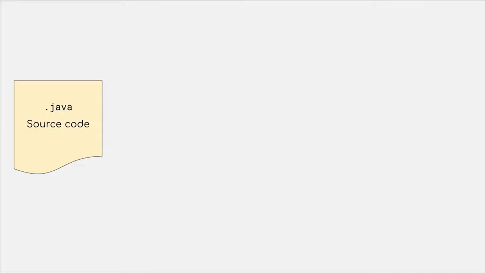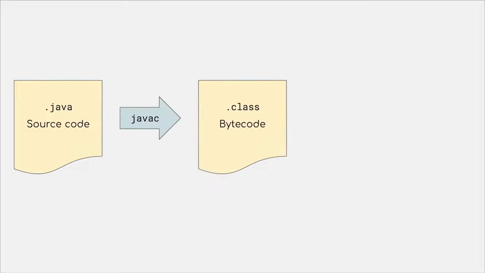Most of the time your Java program will start as source code in Java files on disk, and you'd normally run those through the Java compiler, so javac, to produce bytecode, which is a machine readable representation of your program. Not everyone's aware that there's a second compiler, the just-in-time compiler. This takes your bytecode while the program is running and converts it to machine code, which can run natively on your processor.